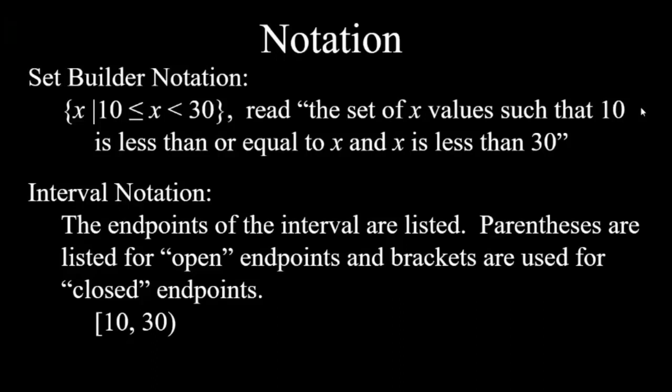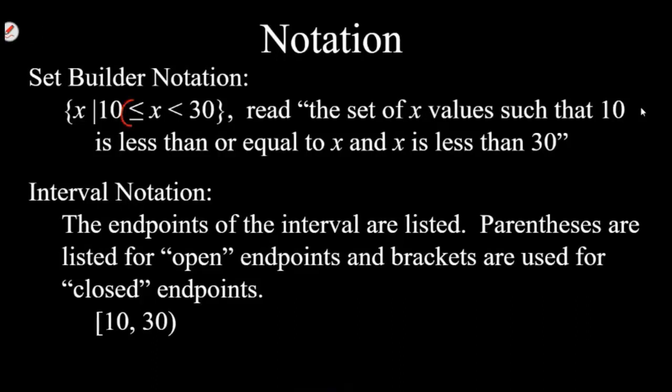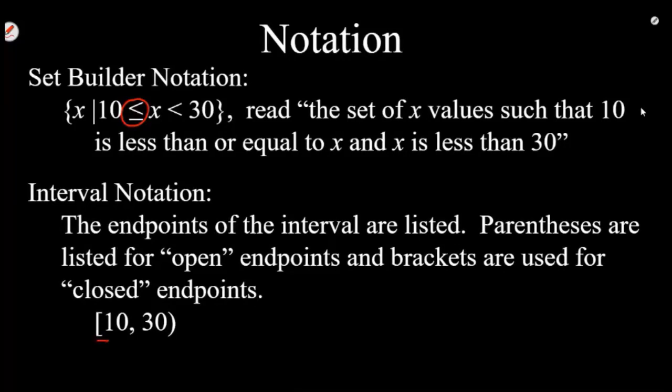So if we go back to this one right here, do you see that this is 10 is less than or equal to the x? So the 10 is included in the interval. And notice what we have here. We have a bracket. That's because the 10 is included in the interval. So this is why this is a bracket.